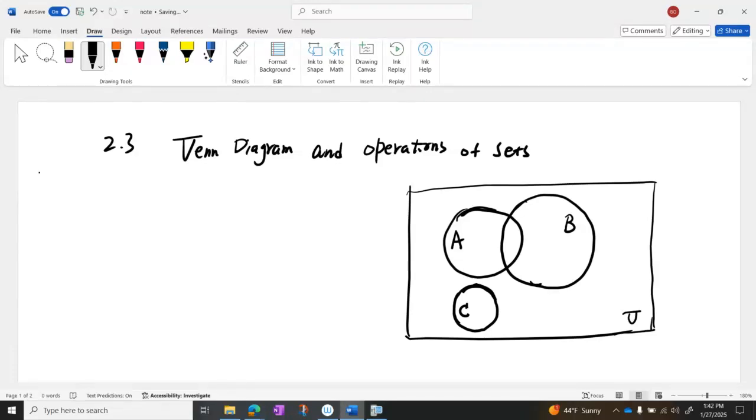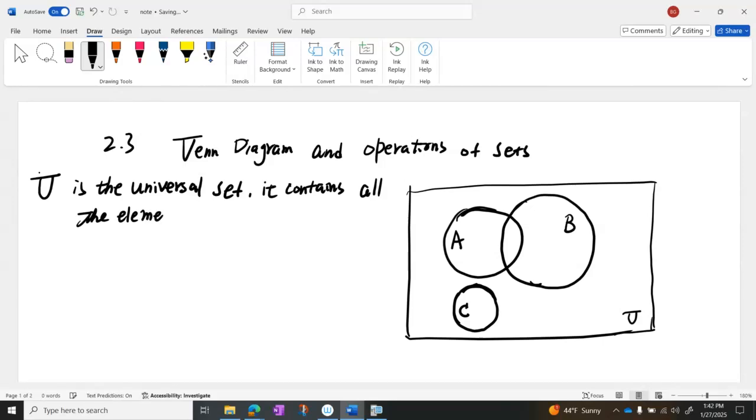Firstly, U here is the universal set. Okay? U here, the box here, is a universal set. It contains all the elements in discussion. It's important because the universal set gives us the scope of your study.